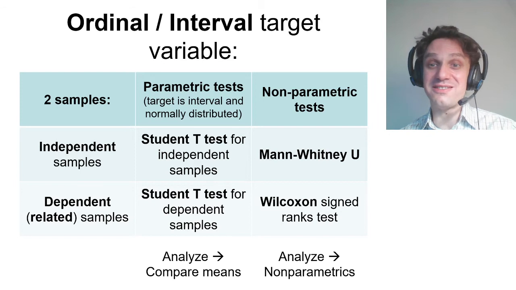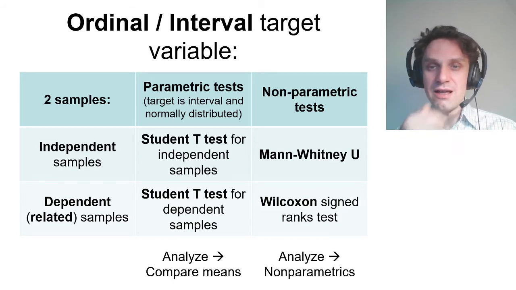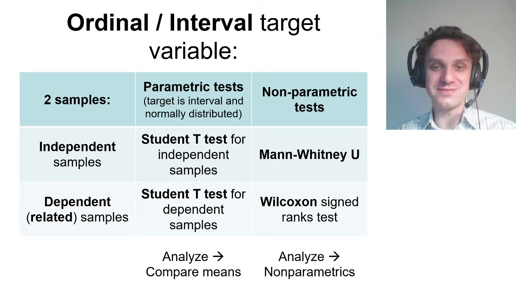Or do males and females in your sample have the same average level of education? Or did the scores change from before intervention to after intervention? And these are the types of questions that you answer with help of either student t-test, if you can use a parametric test, or with help of its non-parametric alternatives, such as Mann-Whitney or Wilcoxon tests.